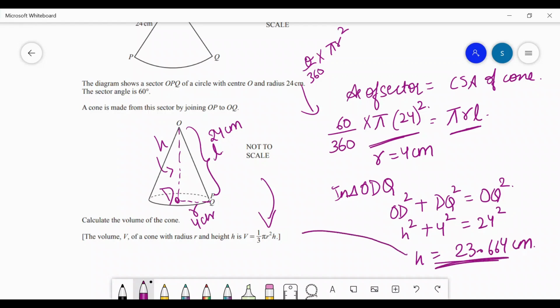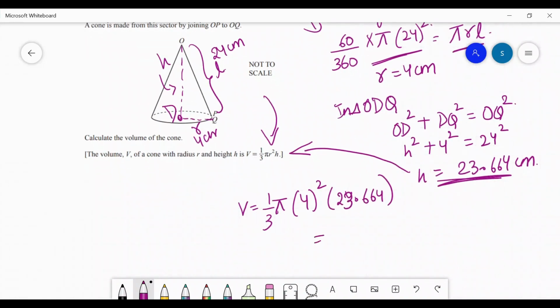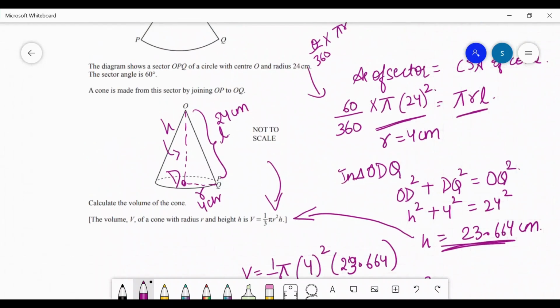So now you have the height. You just have to use that in this formula. That would be V equal to 1 by 3 pi r square into H, and get the volume, which is 396.49 centimeter cube. This is the volume of the cone.